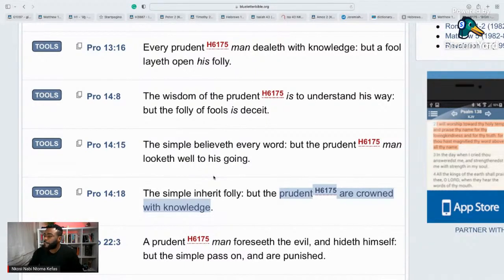The snake symbolizing wisdom, divine knowledge, right? As being prudent. These are all qualities that are good in a human being. It's good for you to be prudent. It's good for you to be crowned with knowledge and with wisdom.